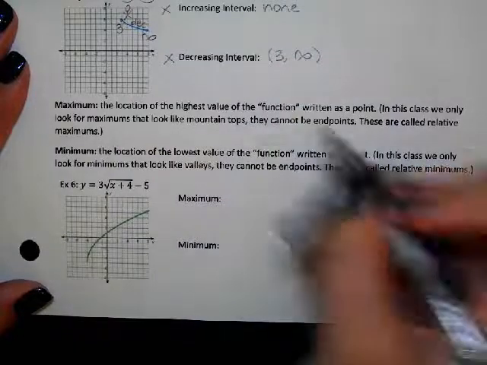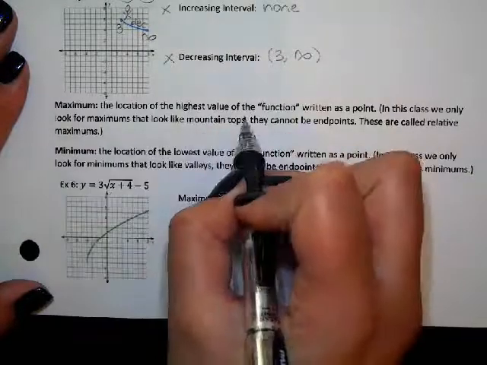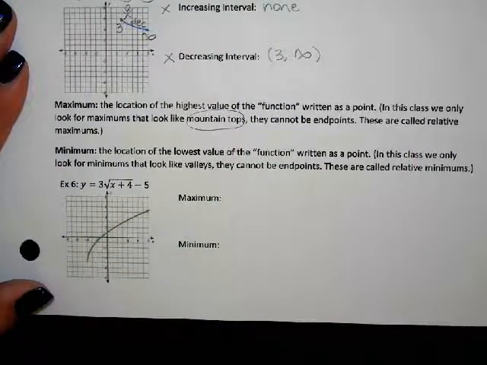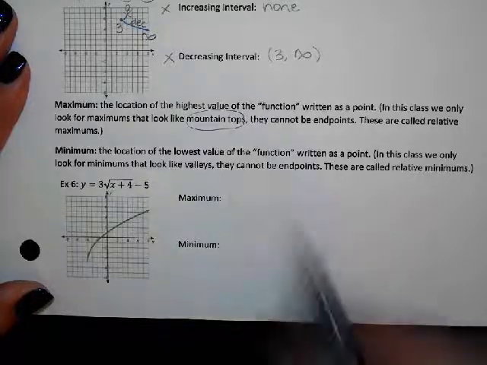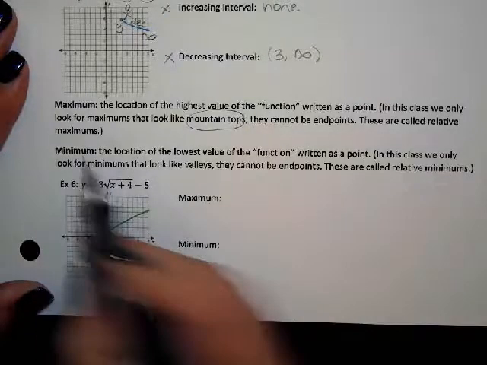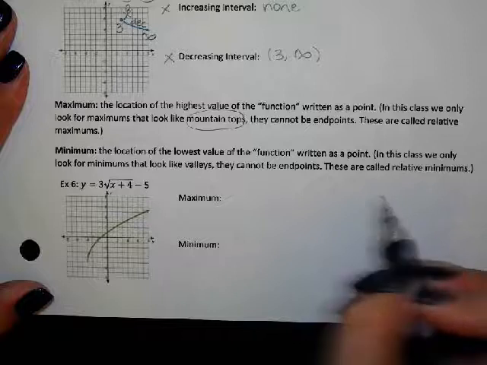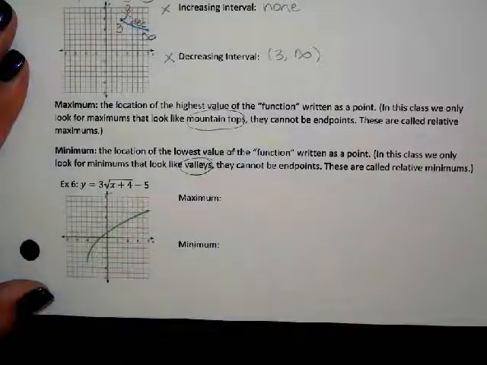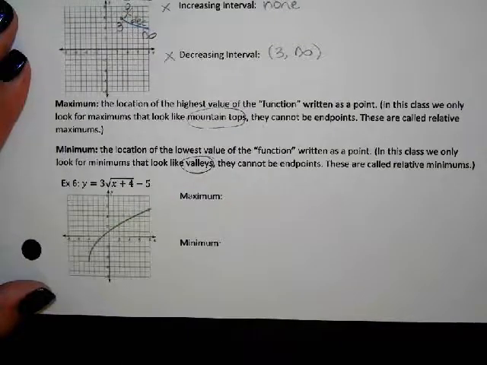Maximums only happen with something that looks like a mountaintop, and they cannot be endpoints and they cannot be arrows. They have to look like mountaintops. Minimums have to look like valleys. They cannot be endpoints, they cannot be arrows. So if we do not see something in the picture that looks like a mountaintop or that looks like a valley, then we don't have a maximum, we don't have a minimum.